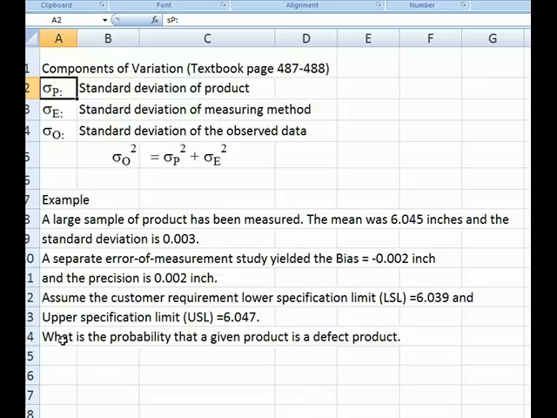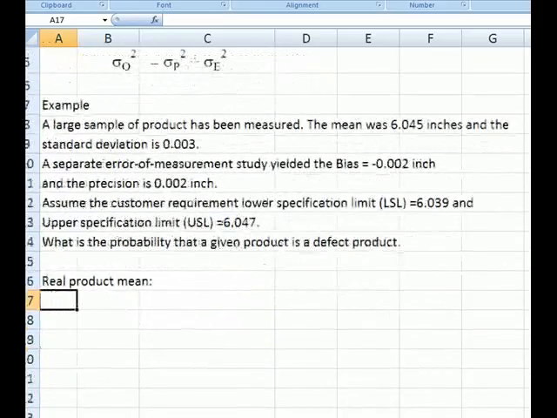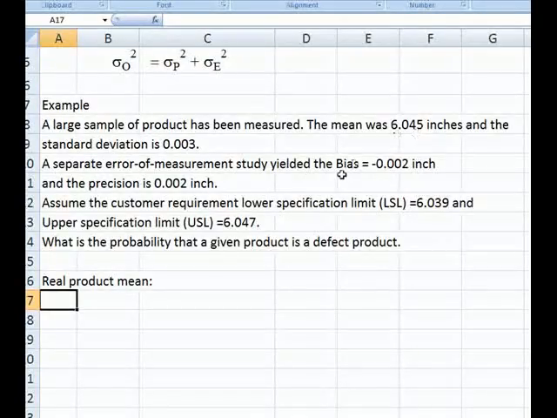How should we start? Where should we start? First, we want to know the real product mean. Because what we know here is the measured mean was 6.045 with the bias equals 0.002.